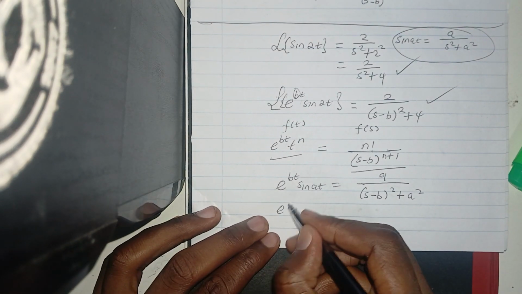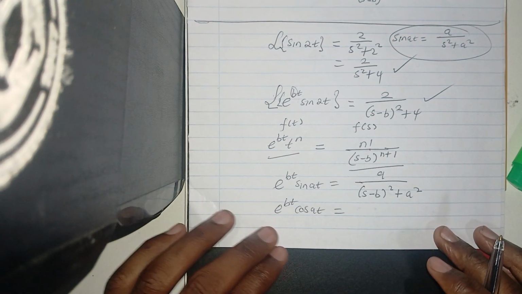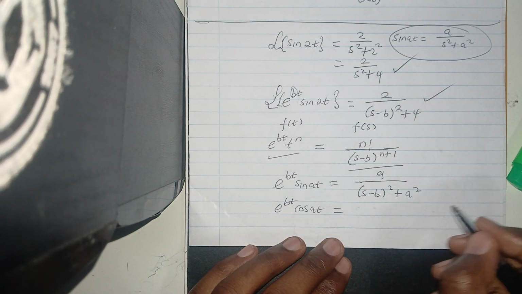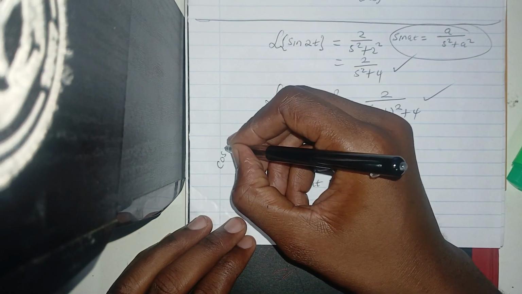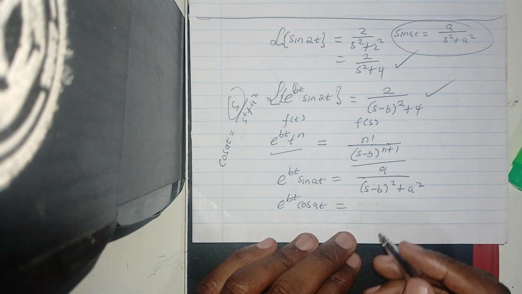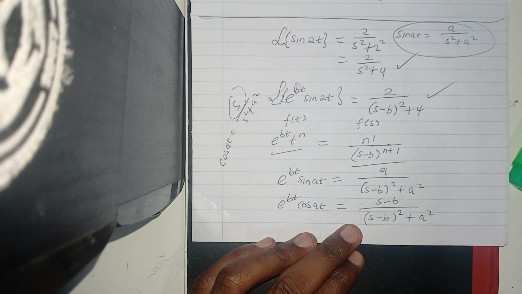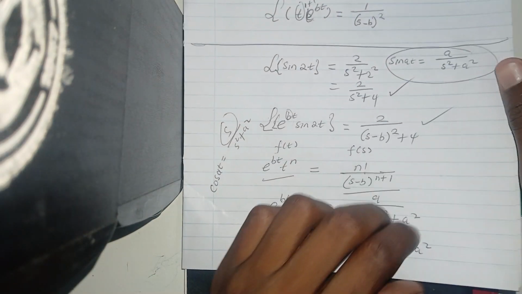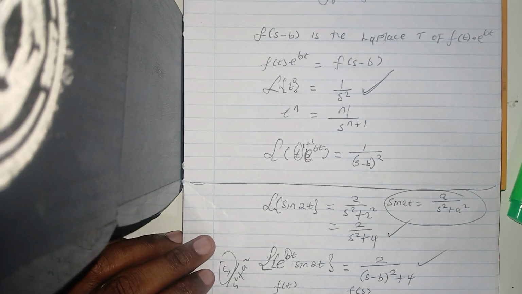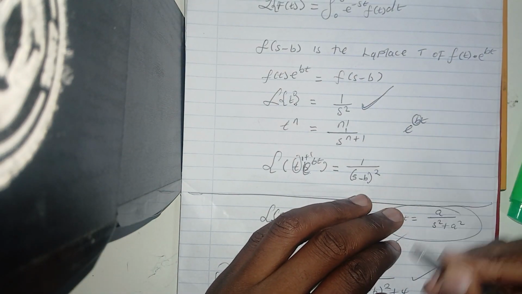Same thing with cos. Remember that in s we substitute by the shifting. Cos at is equal to s over s squared plus a squared, but here instead of s we put s minus b, divided by s minus b squared plus a squared. This is our cos. So we always have to know that Laplace shifting is always like this, we always move with this b.